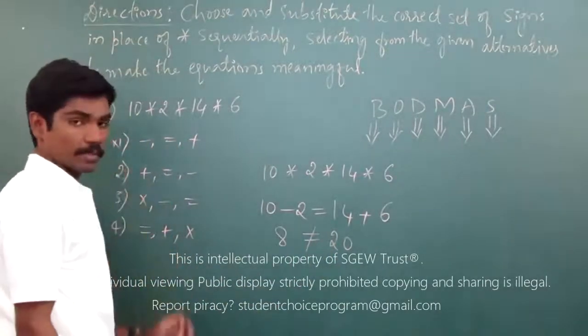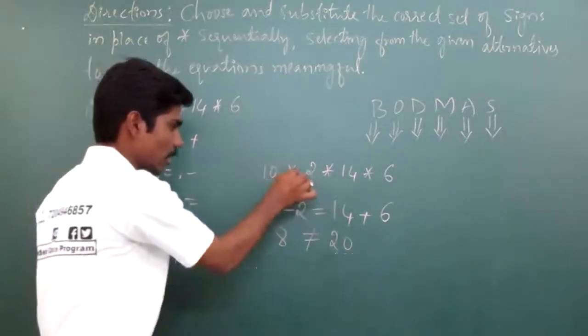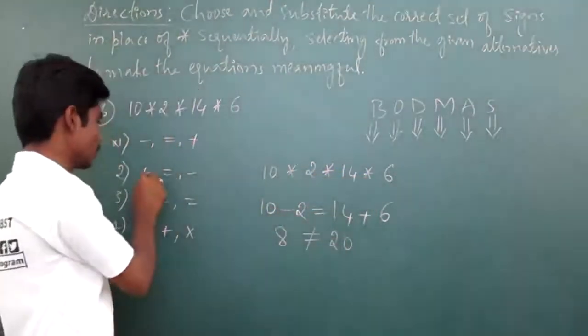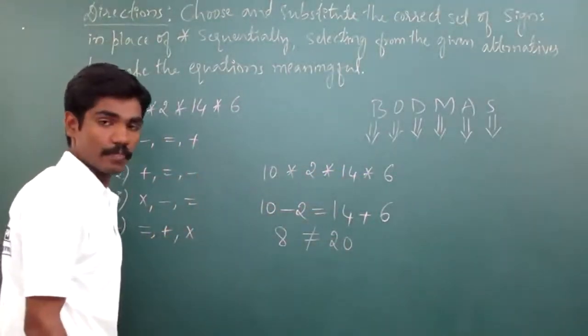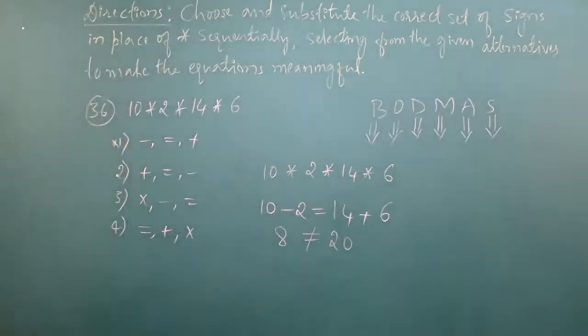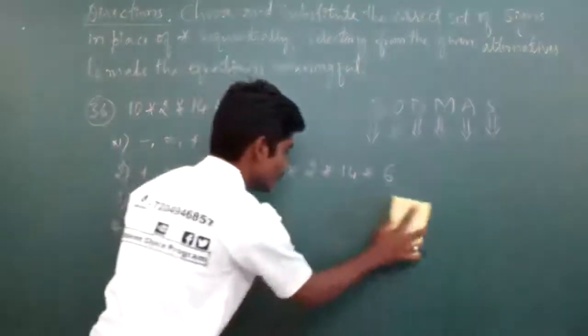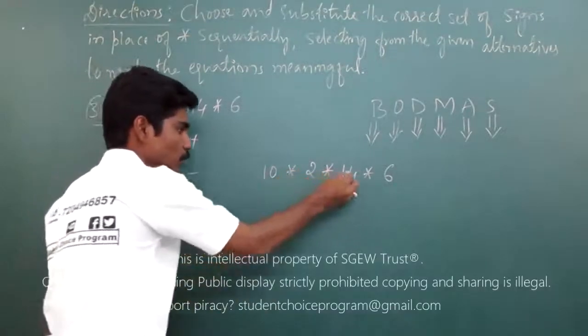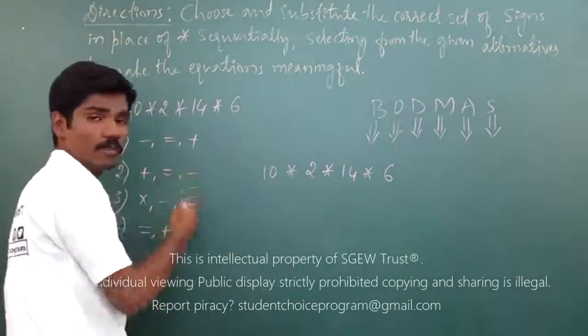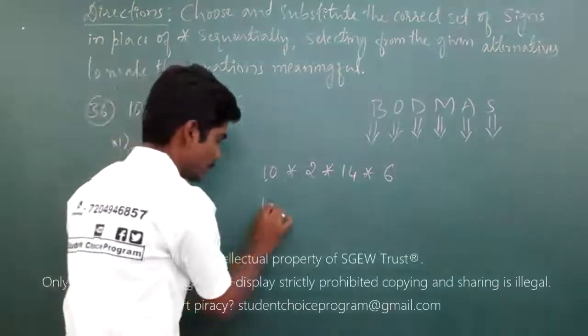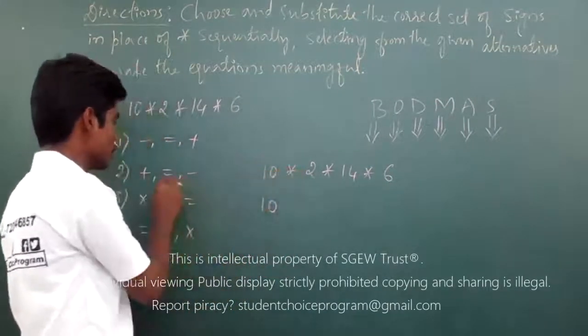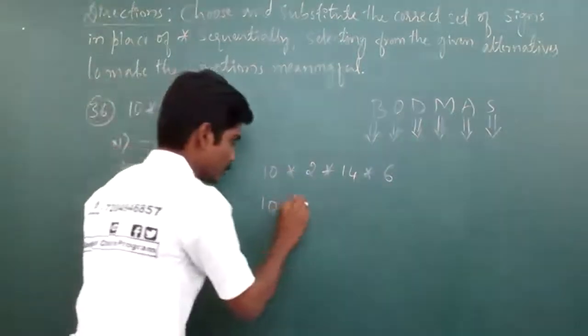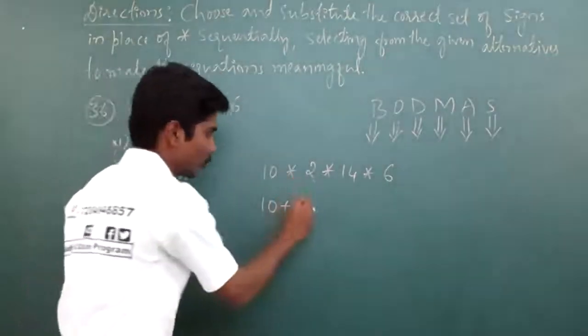Now check the second option. That means now these stars should be replaced by this set of signs. Now I will consider once again the question. 10 as it is. Now in place of star, I have to put a plus, 2 as it is.